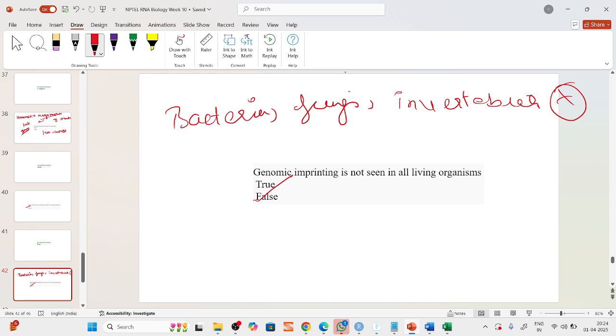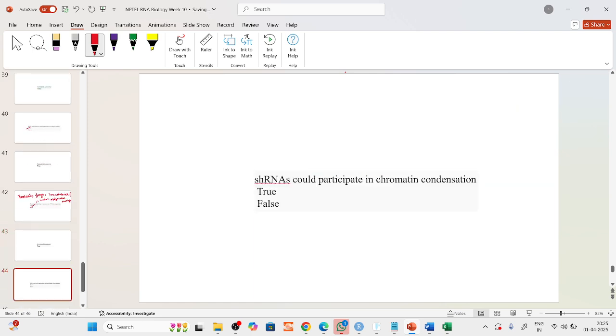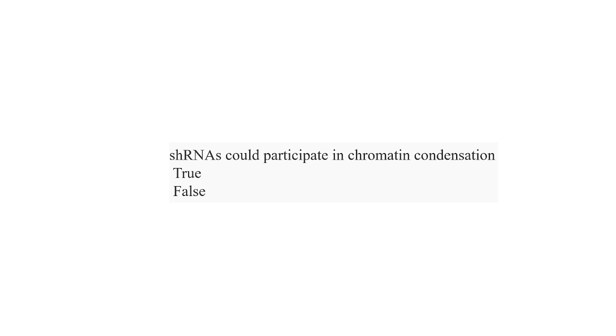So imprinting involves epigenetic modifications. Okay. Next question is shRNA could participate in chromatin condensation. Already discussed. You should be able to answer this.